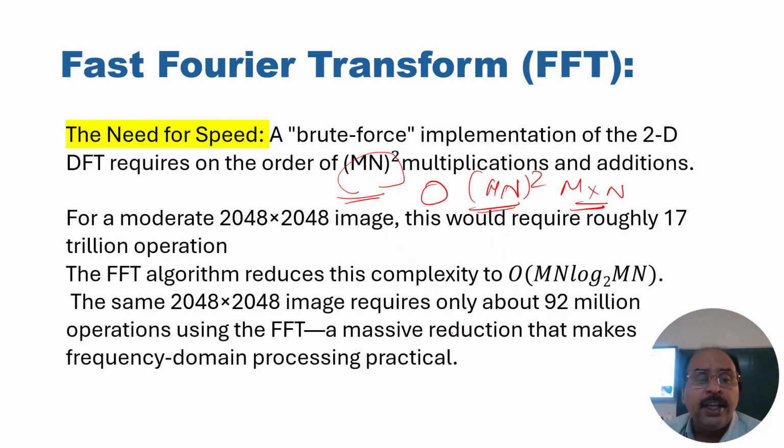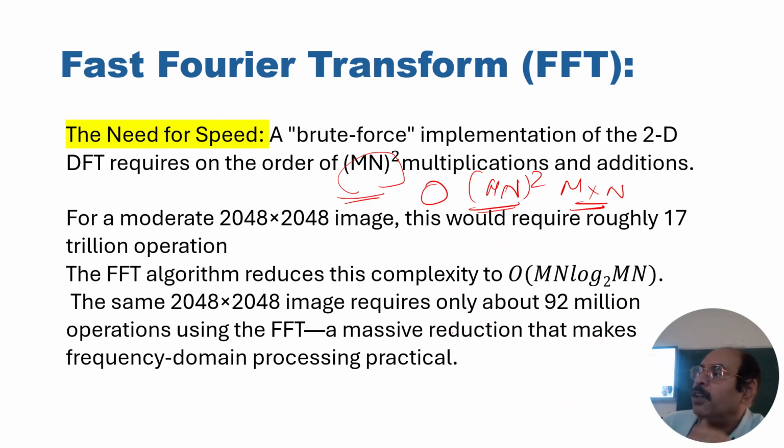So here it takes around 17 trillion operations for a 2048 by 2048 image. This means that the width of the image is 2048 and the height of the image is 2048. If you want to transform this using your discrete Fourier transform, you need around 17 trillion operations.